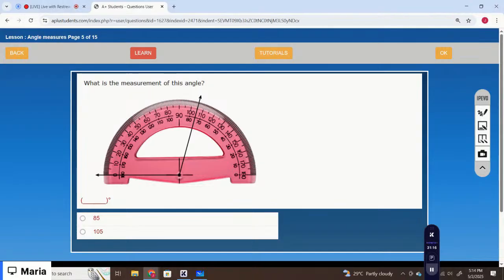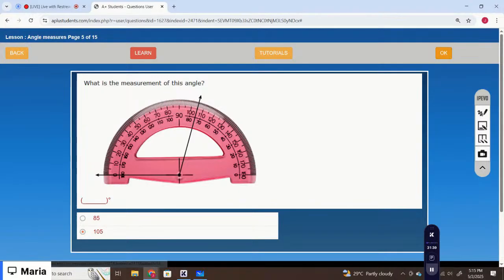What is the measurement of this angle? That is 105 degrees.